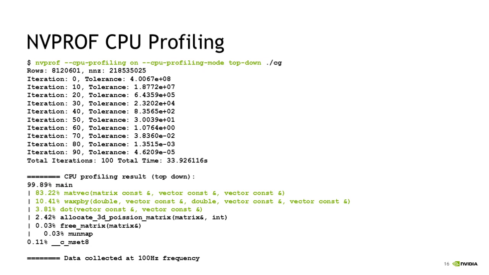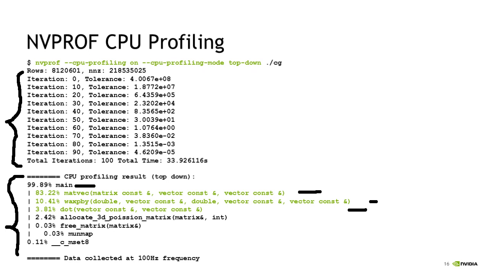So I run it, and you can see the first part is the normal program output, and the stuff down the bottom is what nvprof adds. And what we see is, of course, we're spending most of our time in main. That's what you would expect. And then there are 3 routines that really stand out as the most important parts of our code.